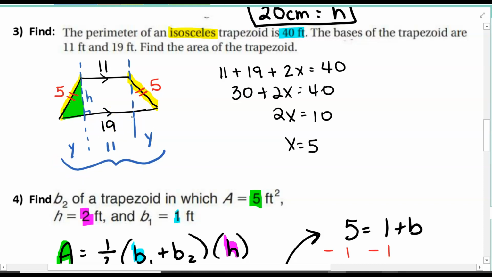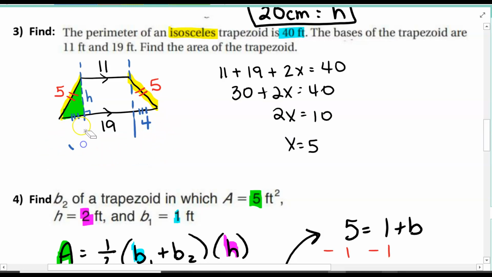If I take that 11 away from the 19, I have 8. And if this and this are congruent, because this is isosceles, then I know that each one of those is going to be 4. Hopefully we're good on that thought process so far.